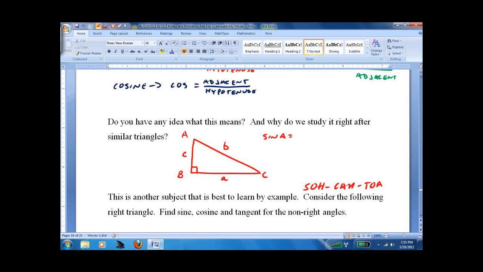It's opposite, and we're looking at angle A. So opposite of A is little a over hypotenuse. And B is the hypotenuse across from the right angle.